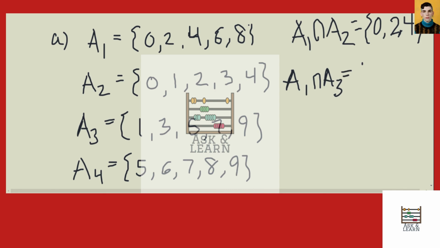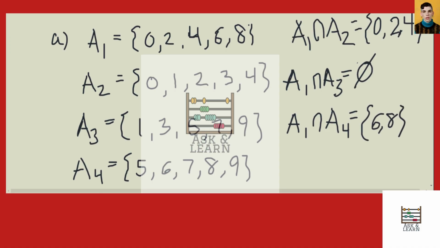A1 intersect A3. We see that this is the empty set. A1 intersect A4. This contains 6 and 8, so it's non-empty.